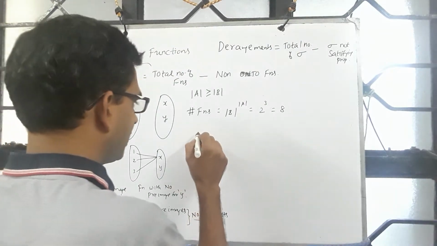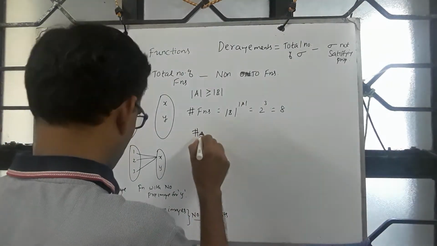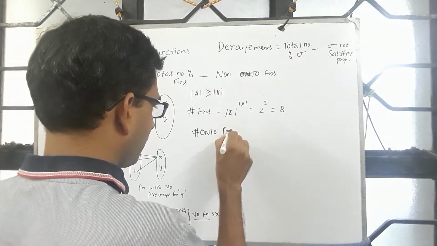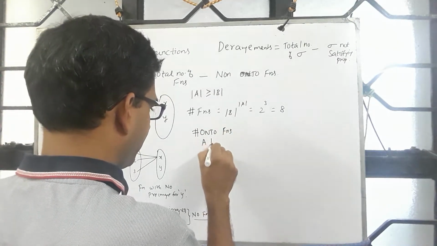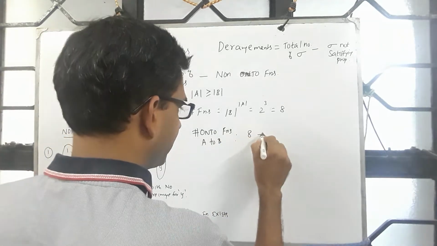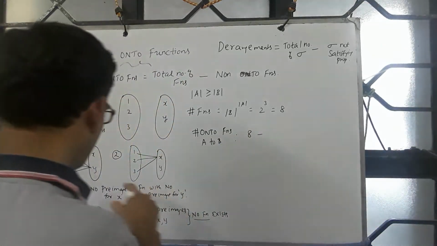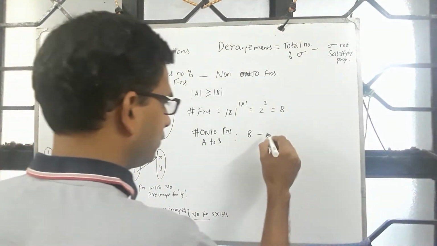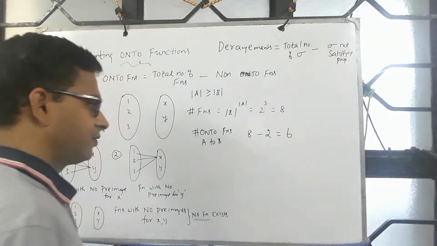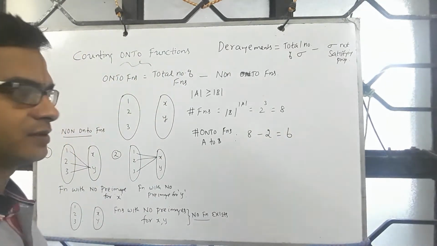That shows that the number of onto functions from A to B is the total number of functions minus the number of non-onto functions. There are only two non-onto functions. So that shows that the number of onto functions from A to B is 6.